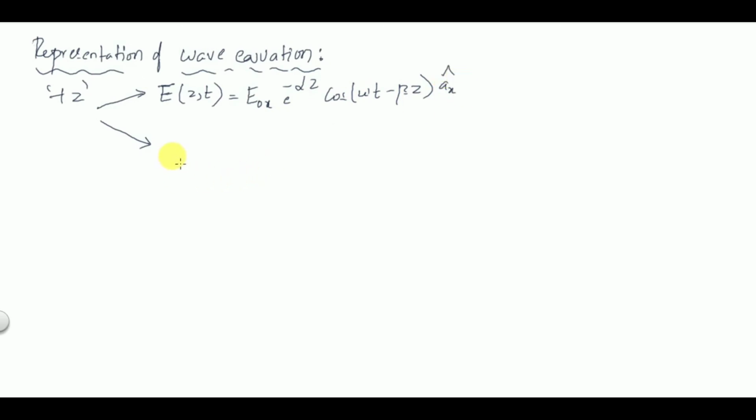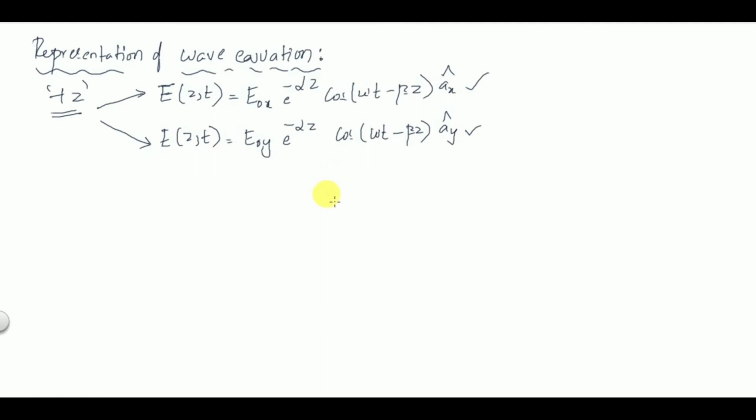Similarly, if it has a y component, E of z comma t can be written as E0y into e power minus alpha z into cos of omega t minus beta z into ay cap. So when the wave is traveling along plus z direction, these are the wave equations along the x component and y component.